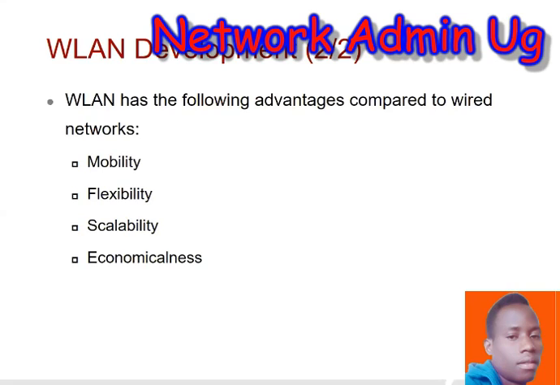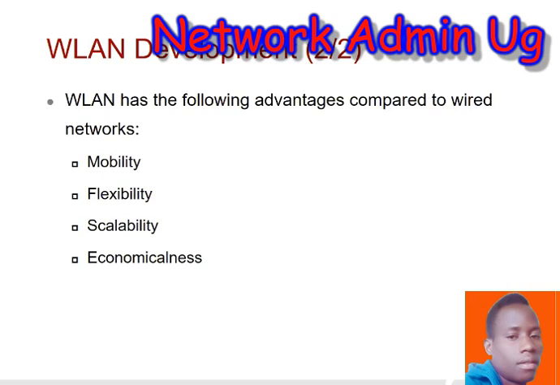For scalability, it's mainly about not needing cables, and also the link edgings we saw. You don't need that many cables to scale your network. You just plug in another access point and you're good to go. This can be done in hotels where new extensions are being built, but also for new clients.